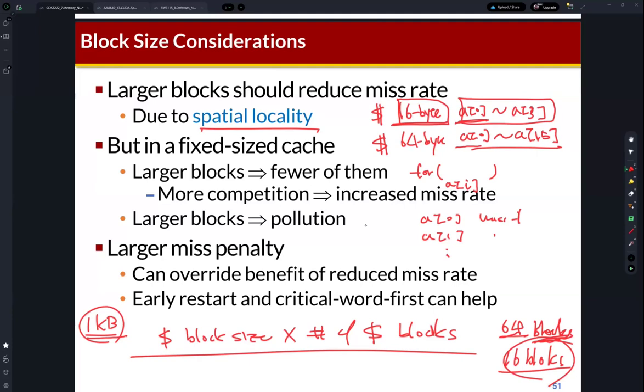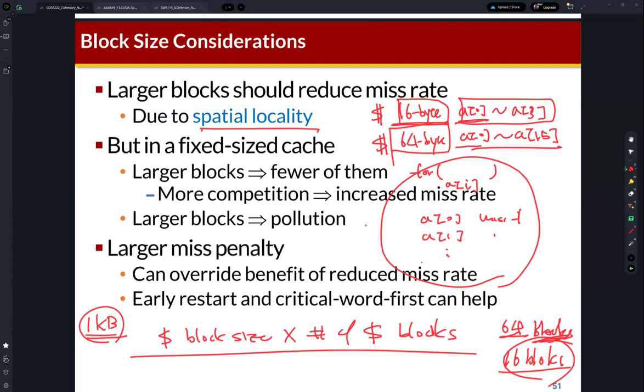So if we increase the cache block size, it can be better for a case like A0, where we iteratively access A0, A1, A2, and so on.